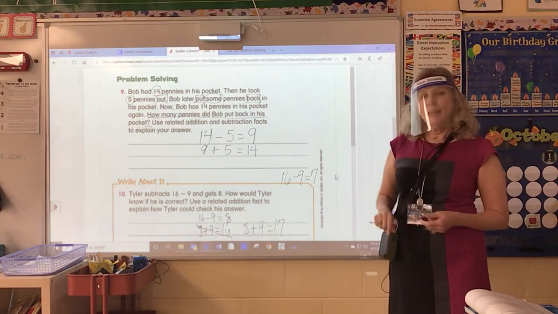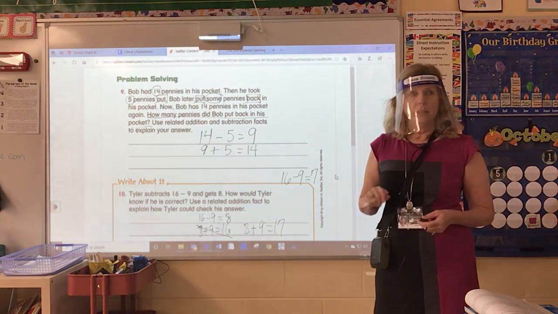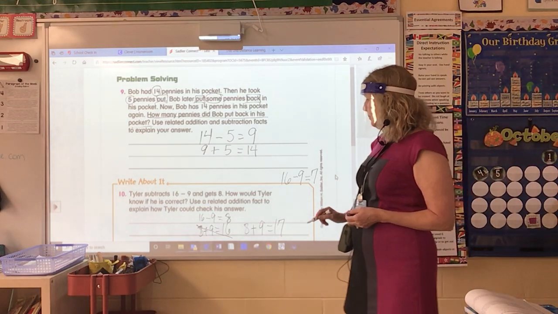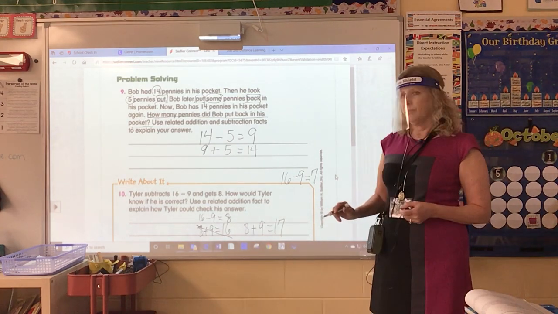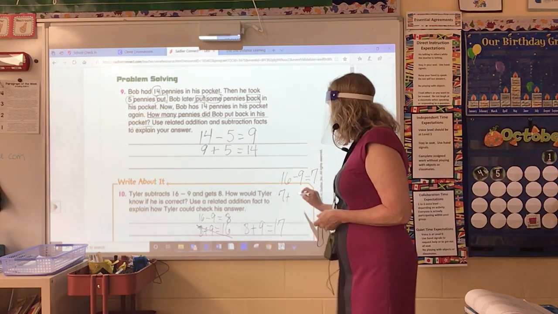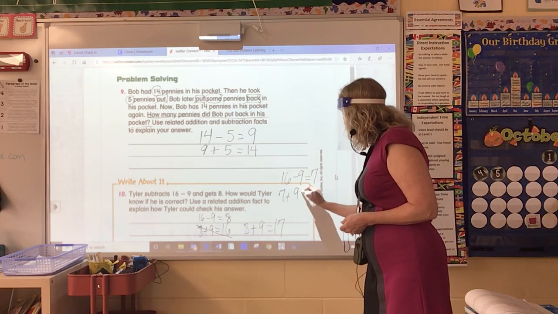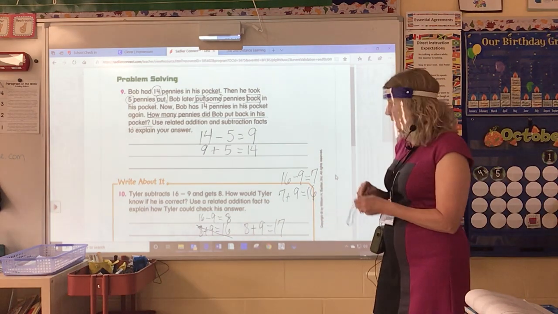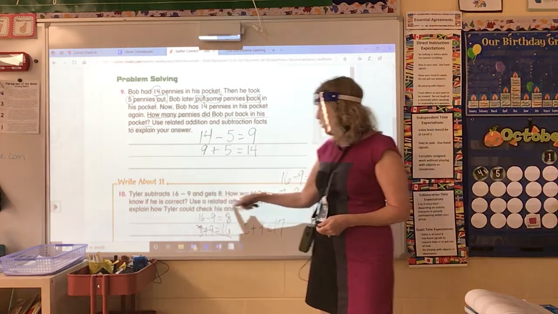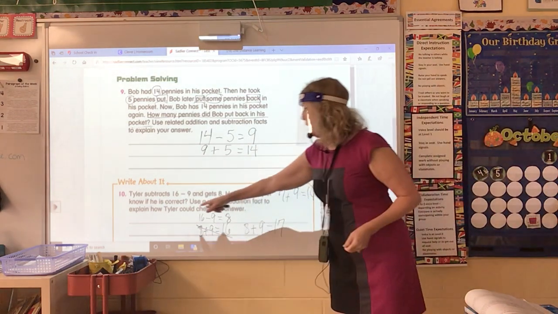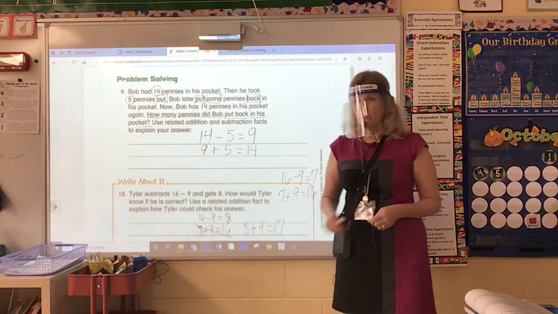And what's our related addition fact to go with that? 7 plus 9. Okay, so that's all they want you to do. They just wanted you to use a related addition fact to explain how Tyler could check his answer.